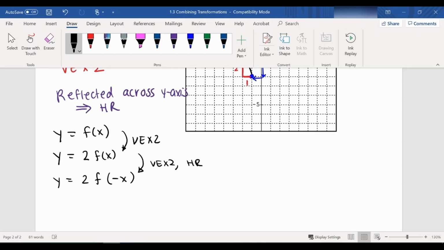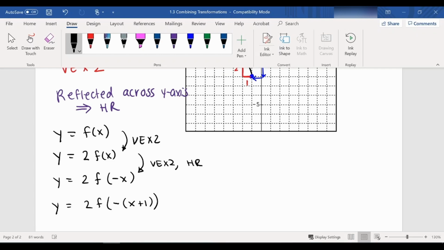I'm also moving down 2 and left 1. So left 1 would be x plus 1. Okay. Again, reminder, if you're moving to the left by 1, that's in a separate set of brackets with the x. I should have 2 sets of brackets there. One to isolate the coefficient of x and the other one for the moving left, right.